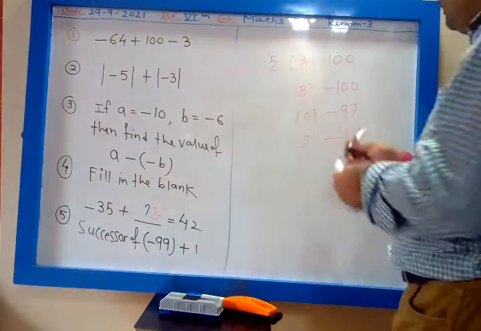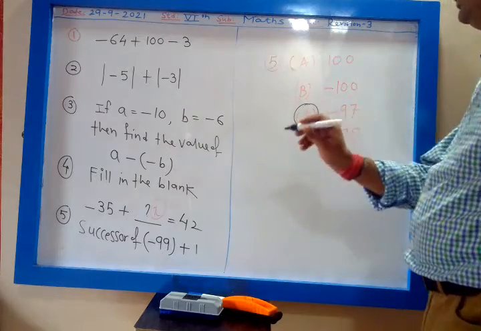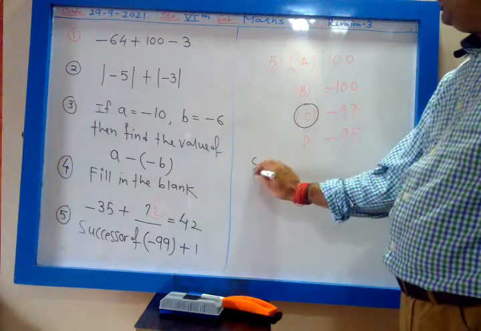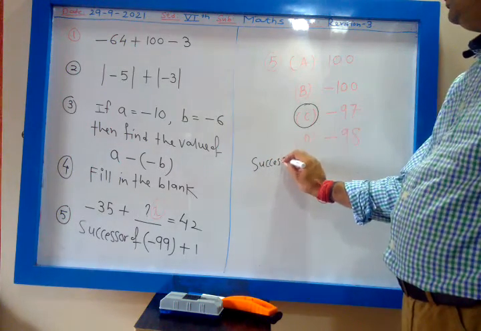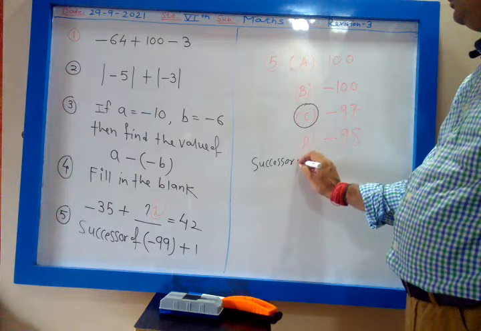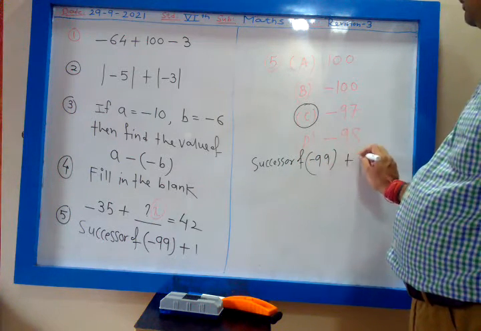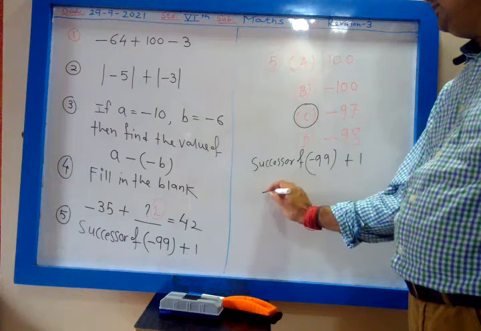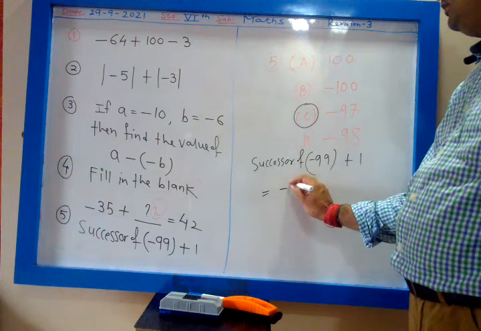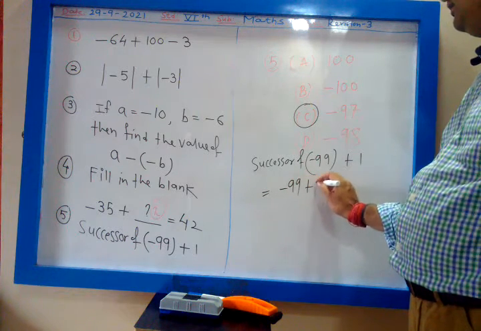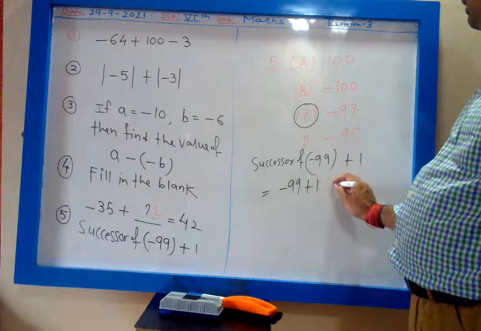So the correct option is C. How? Let me see. Successor of minus 99 plus 1. How do we find the successor of minus 99? For a successor we add 1. Then again we have plus 1.